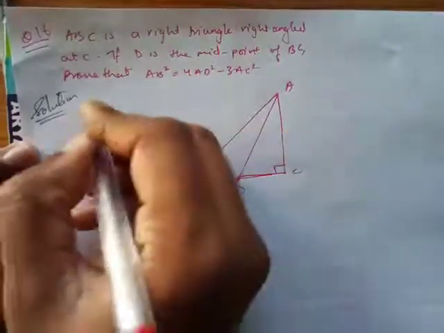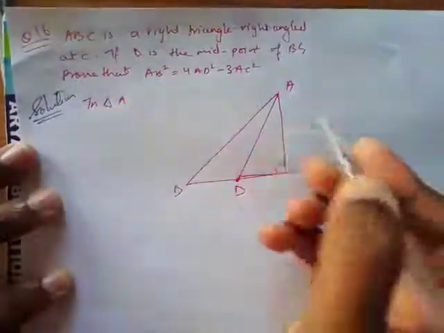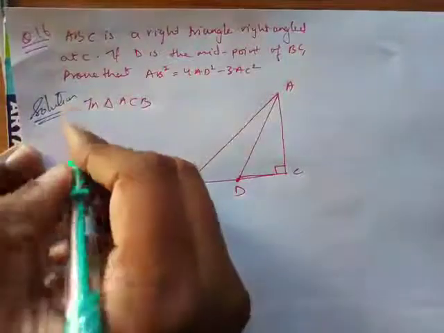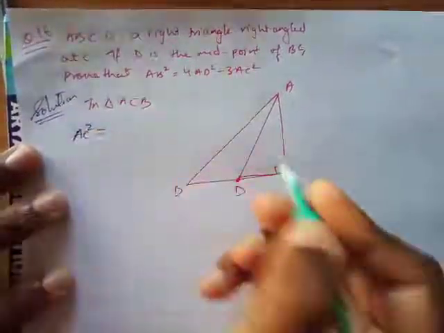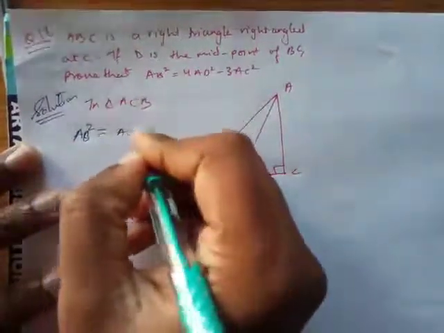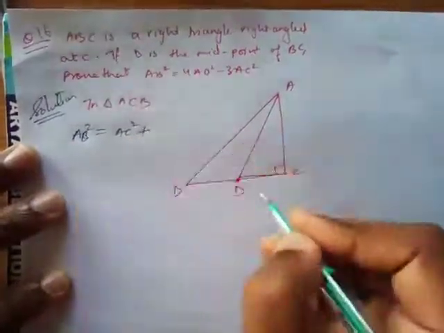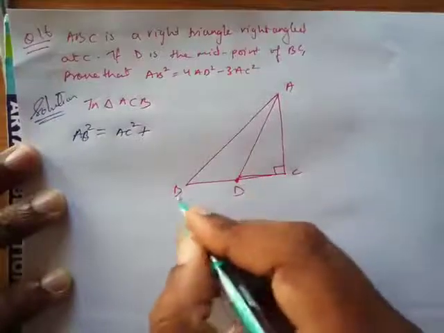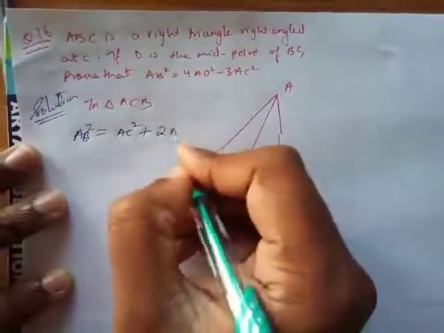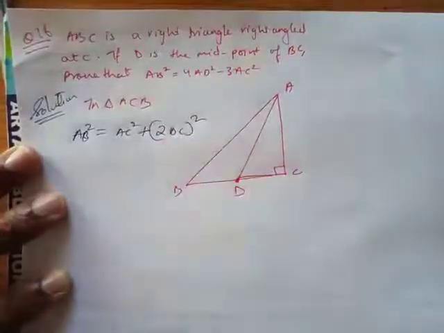So I'm gonna look in triangle ACB, the bigger triangle ACB. Okay, so how will I write that? AB square is equal to AC square plus, see, D is the midpoint of BC, so I'm not writing BC, I'm writing 2DC. Is that okay?